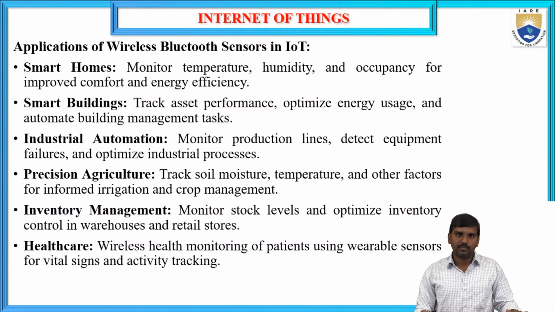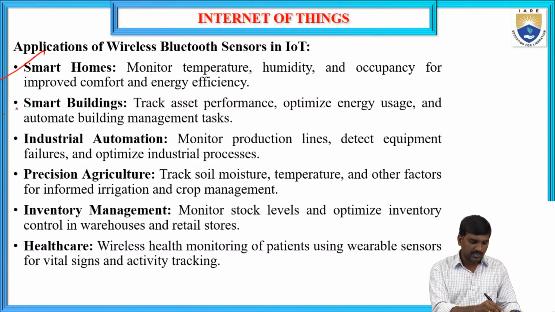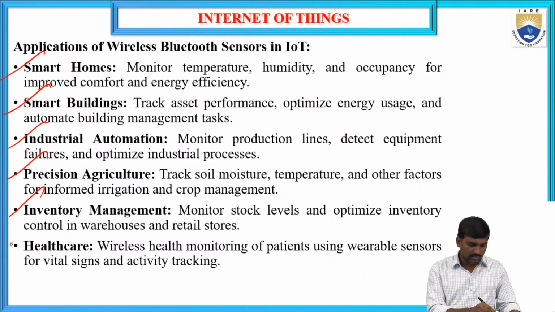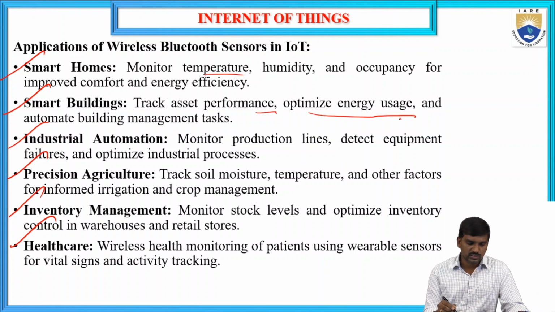Smart home is nothing but monitoring temperature, humidity, and occupancy for improved comfort and energy efficiency in the home. Smart buildings track performance, optimize energy usage, and automate building management tasks.